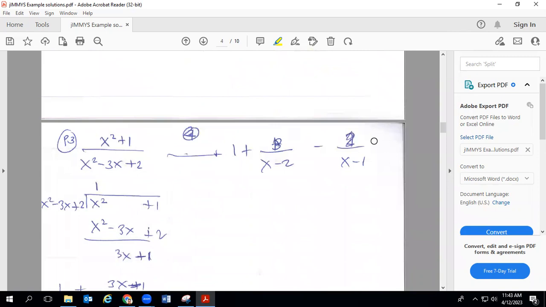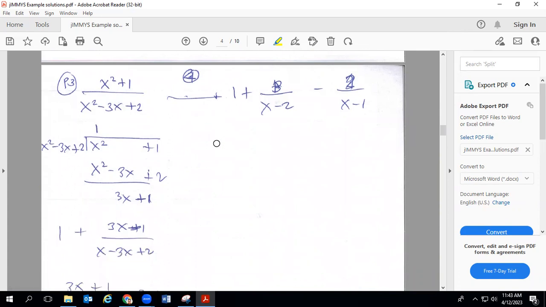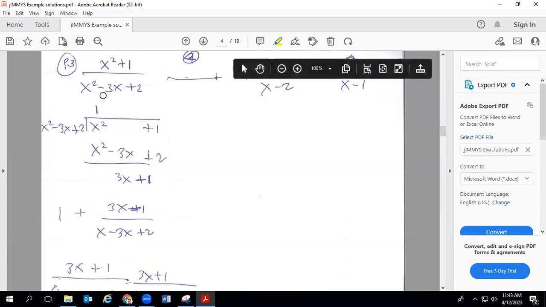Okay, how about this one? If you see the degree in the numerator and denominator are the same, then you can first try the long division. So obviously you will come up with this value. 1, if you divide this x squared plus 1 by this, you come up with this one.